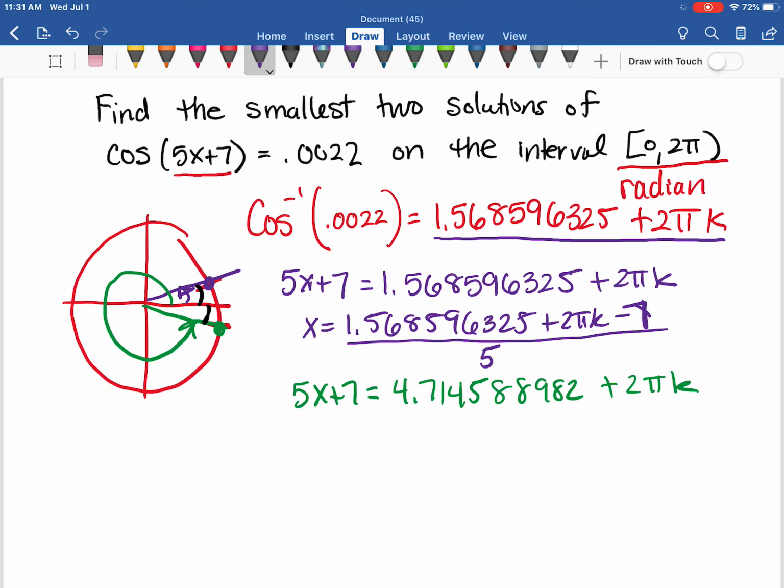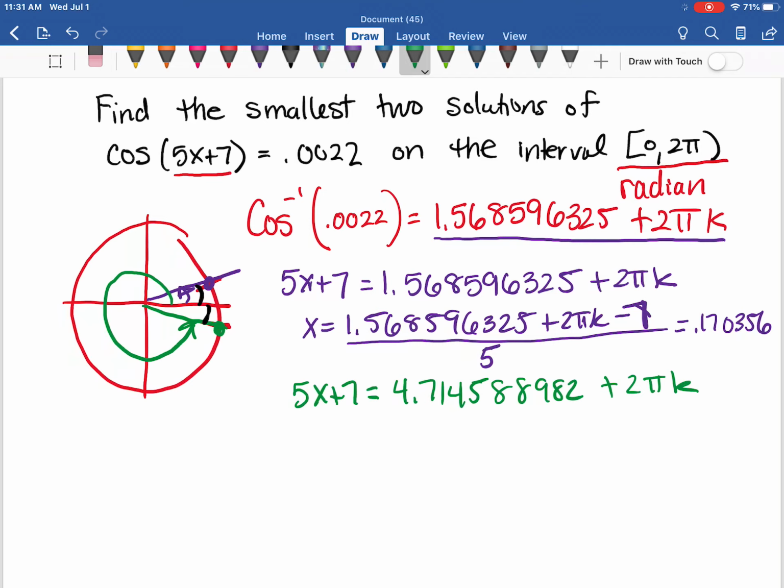If I take 1.568596325 plus 2 pi times 1, which would be plus 2 pi, and then subtract 7 and divide that answer by 5, I'm going to get that x is 0.170356. Let me fix that, it came out messy and hard to read. So 0.170356.